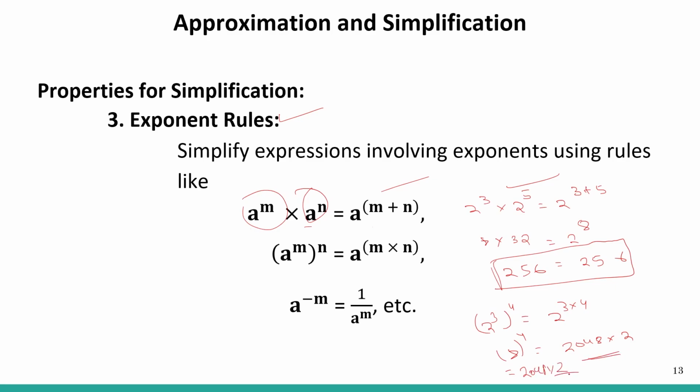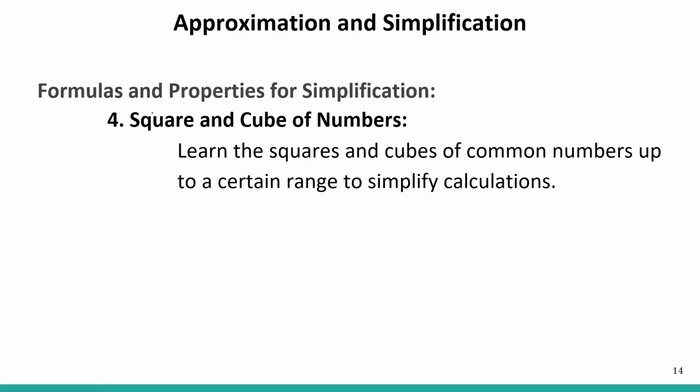So these two are the same, and we can verify the second one also. And a power minus m is equal to 1 by a power m. Now let's see the formulas and properties for simplification.